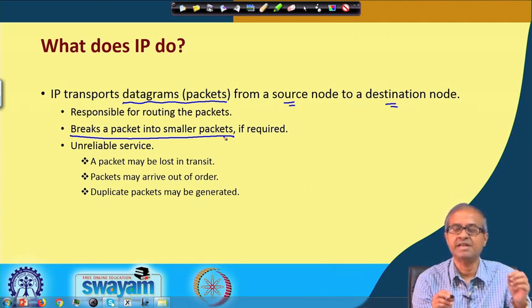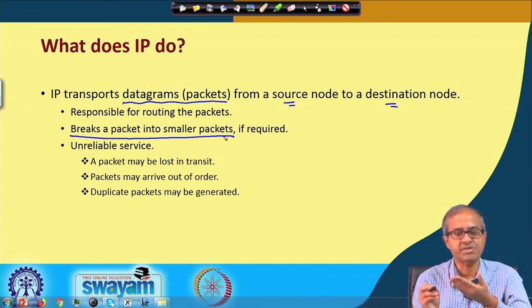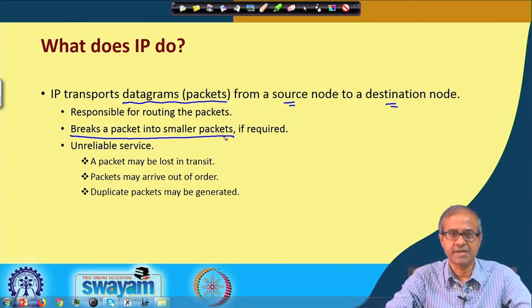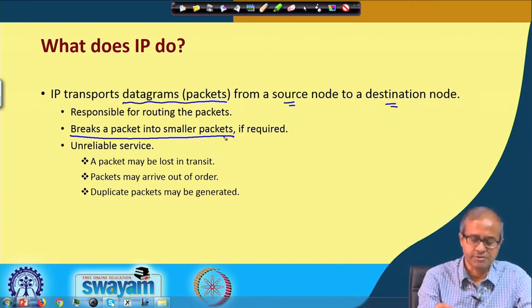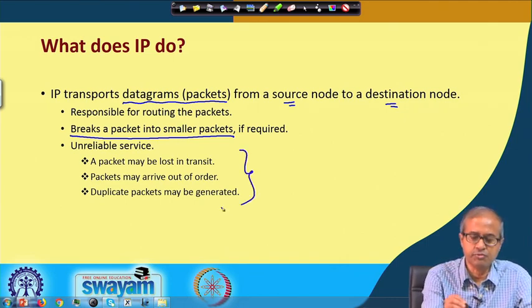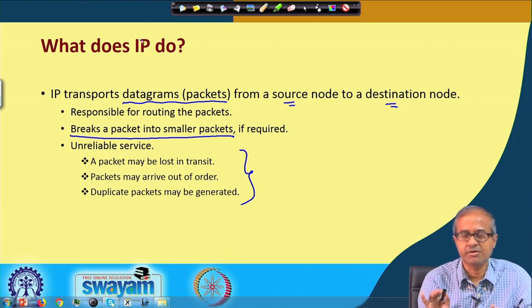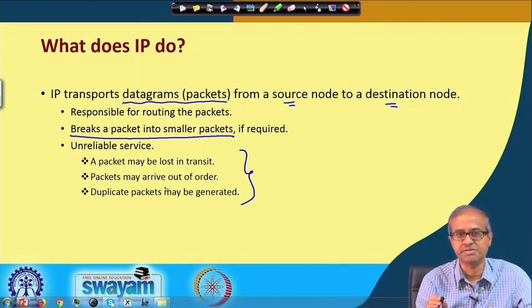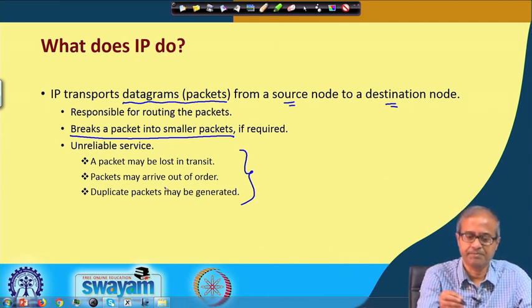Unreliable in the sense that some datagrams might get lost, some duplicates might get generated, and datagrams may be received out of order at the destination. So, such scenarios may happen. If you are using IP, you must be aware of these problems, that some packets may actually get lost.